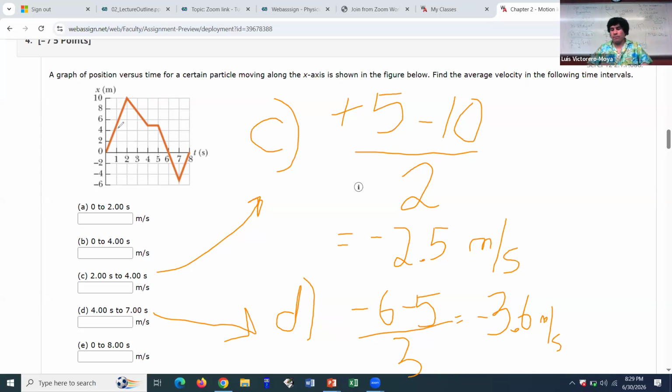Would it be 20? 20, what's 20? The speed.